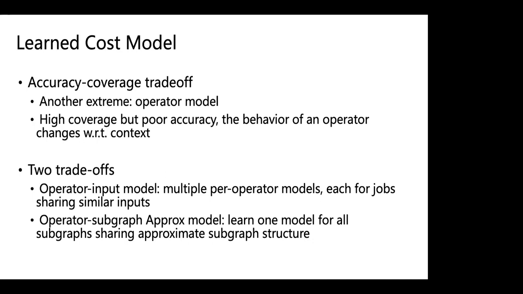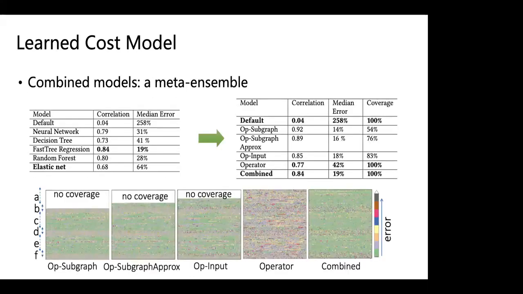Another is the operator-subgraph approximate model. We learn a model for all subgraphs sharing a similar subgraph structure. Using these two trade-offs, we then combine them together with a meta ensemble. We see that this combined model achieves both high accuracy and high coverage.